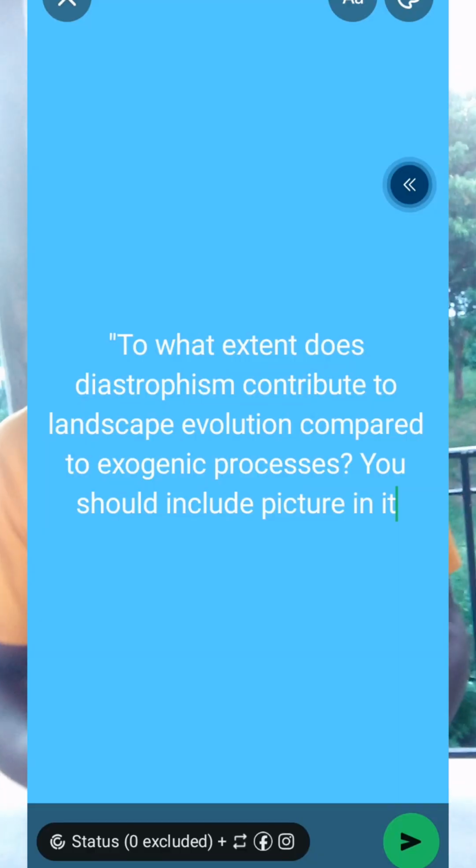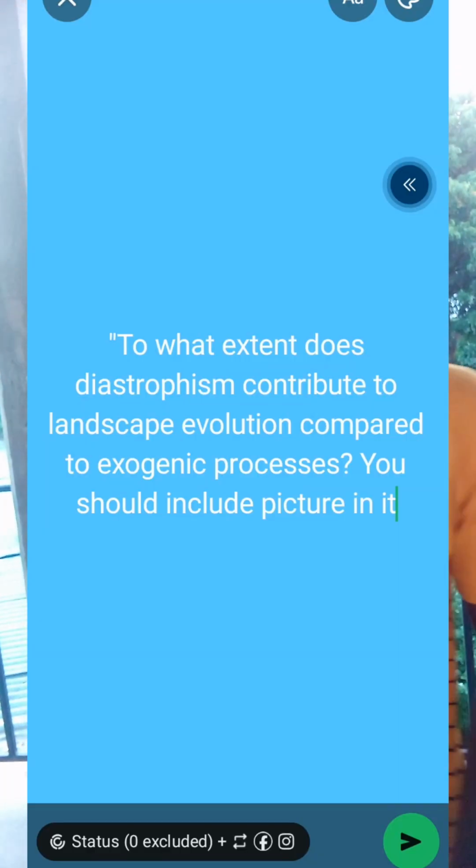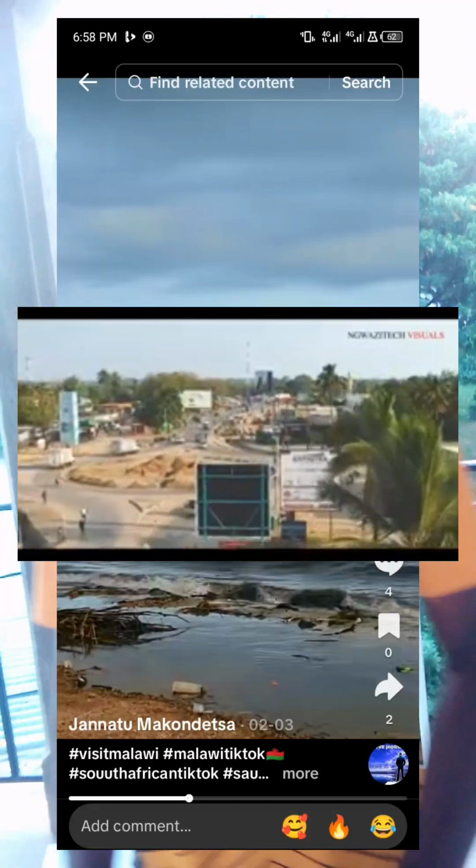I'm here to present how diastrophism and exogenic processes have shaped the landscape of Mangochi district. Understanding these processes helps us to see how landscapes like lakes, rift valleys, and plains are formed and why they look the way they do.